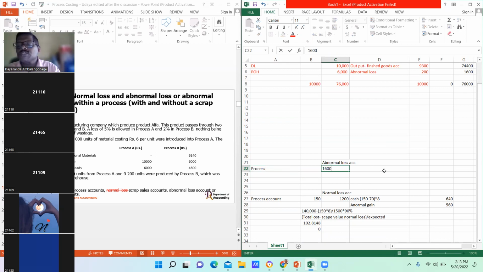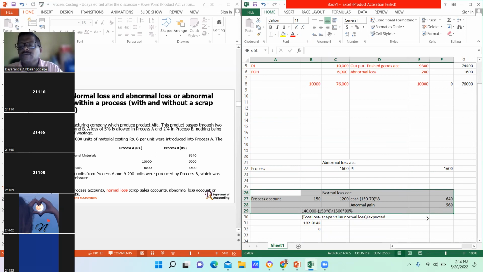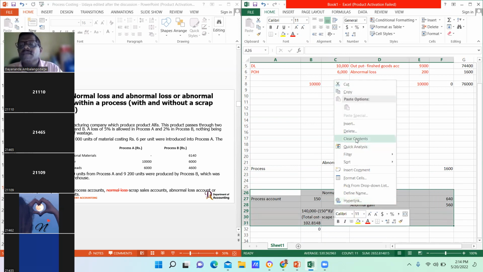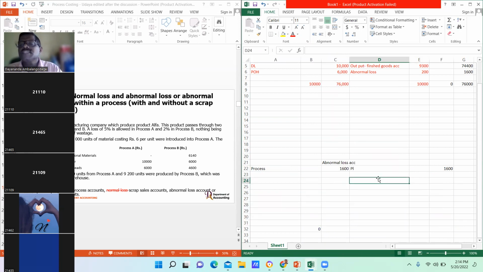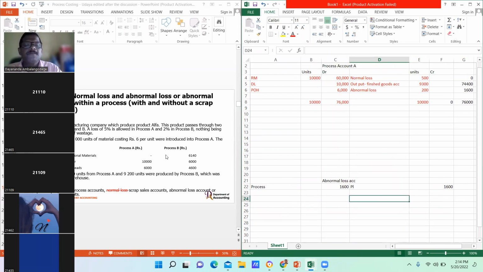And you charge this to the P&L, saying 1,600. That's how your account system works for process A. The abnormal gain account is not relevant for us because we don't have an abnormal gain here. So this is the answer for process A.